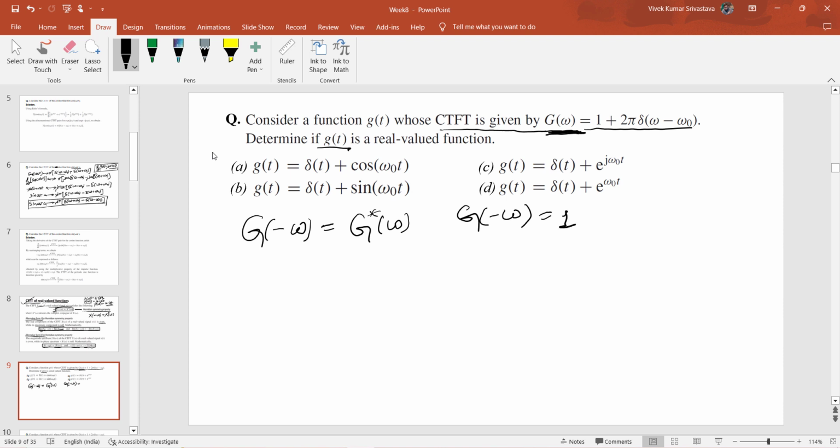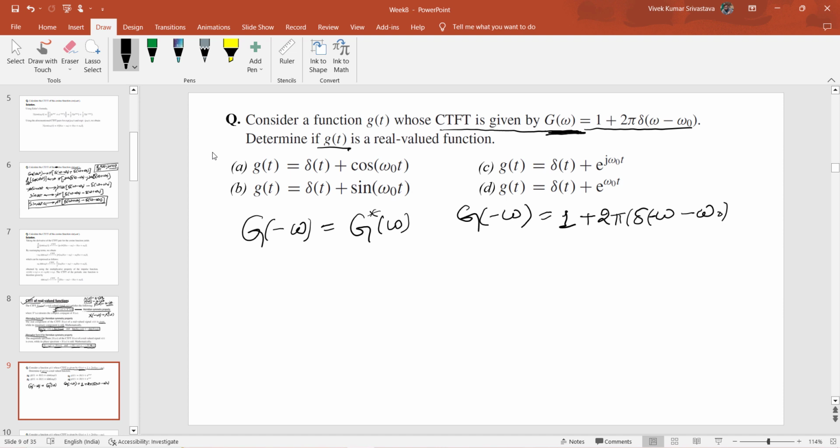Once you evaluate, you will get that G of minus omega will be equal to 1 plus 2 pi delta of minus omega minus omega naught.